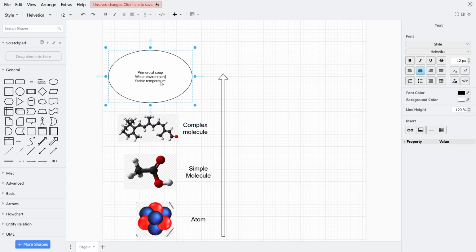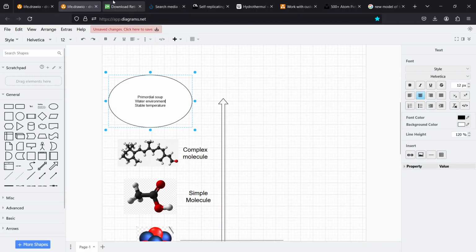Chemical reactions in the air don't happen as often as in water or stuff like that. So we have this primordial soup, which is basically water, some kind of pond or something. I think very likely somewhere in a cave or something.